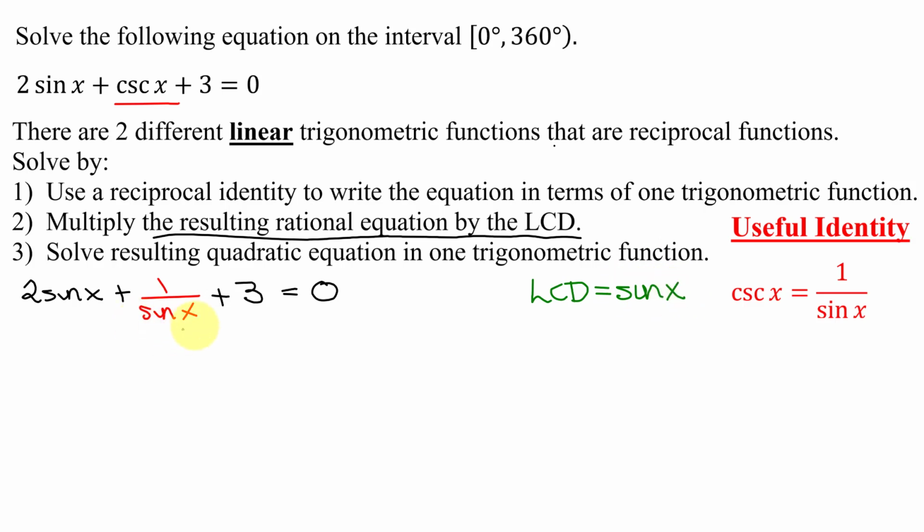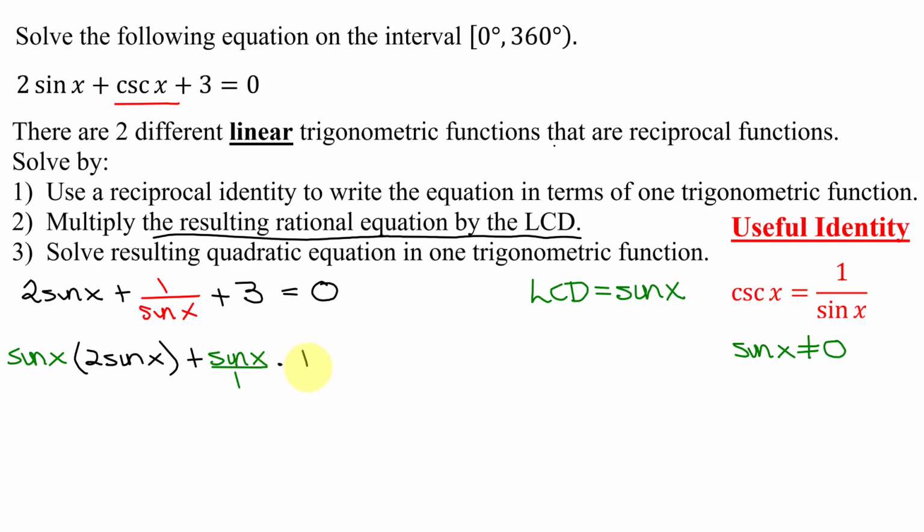As we cannot divide by 0, we have to make sure in our problem that the sine of x does not equal 0. So now multiplying every single term by the LCD of the sine of x, I get the sine of x times 2 sine x plus, now multiplying the fraction by the LCD, I'm going to turn my LCD into a fraction by dividing it by 1.